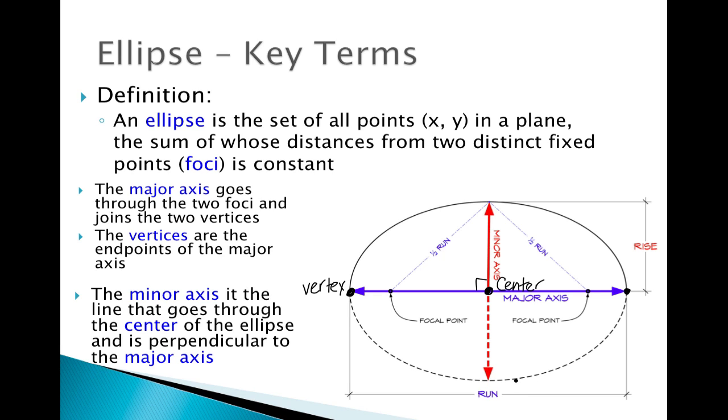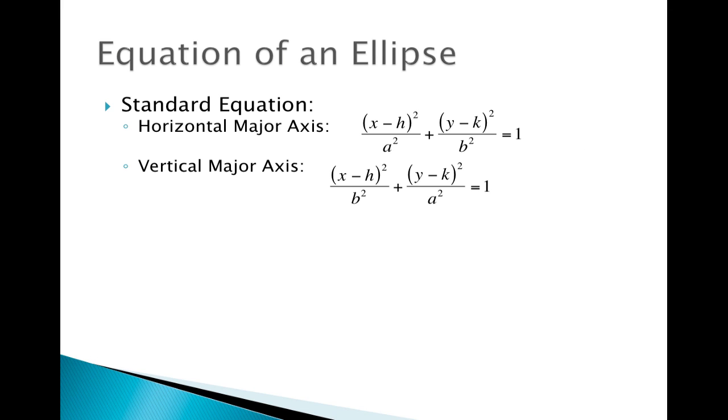Okay, so now that we have some key terms defined for an ellipse, let's go ahead and figure out what the standard equation is. Moving on to the next slide, we've got two different equations here. One is if our major axis is a horizontal line, and the other is if our major axis is a vertical line.